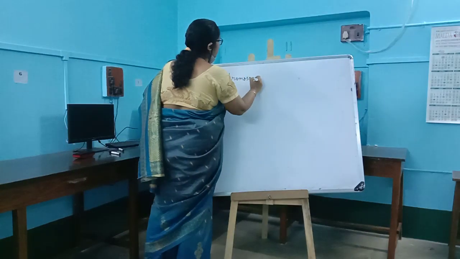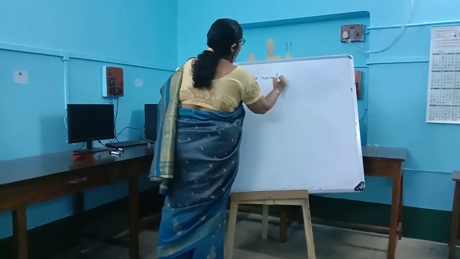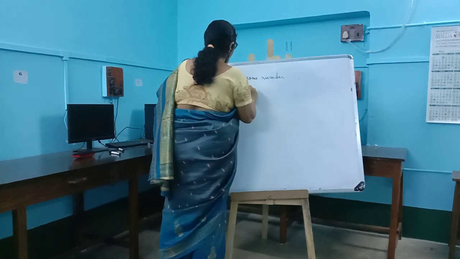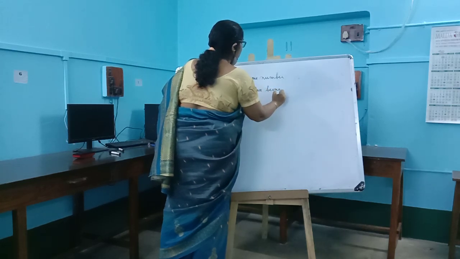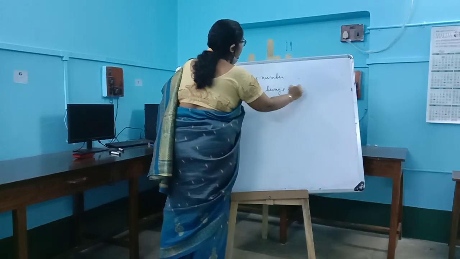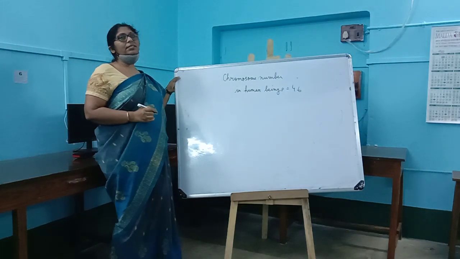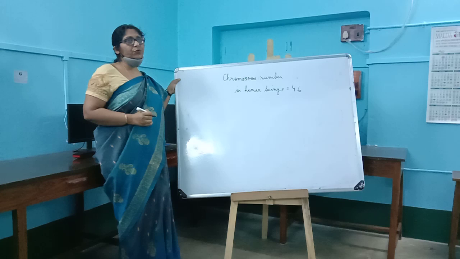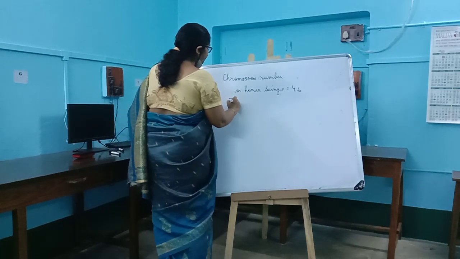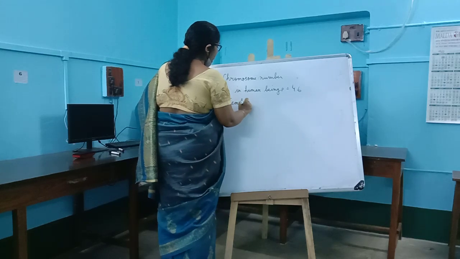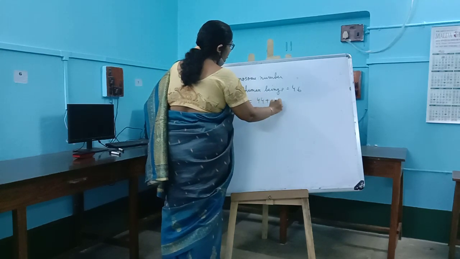In human beings the chromosome number is 46, and the male as well as the female have two sex chromosomes. So in the case of the females, you can represent it by 44 plus XX.